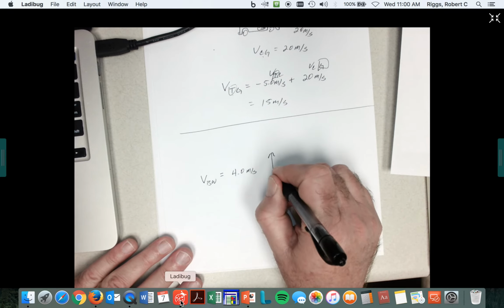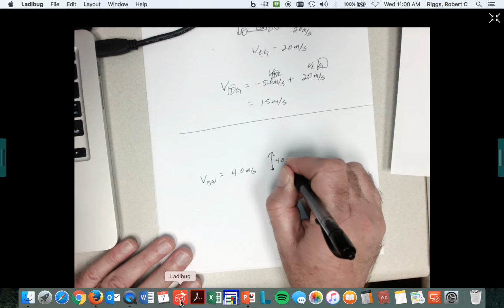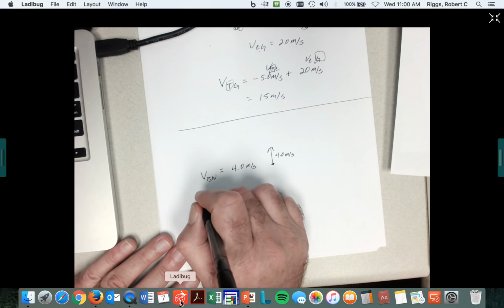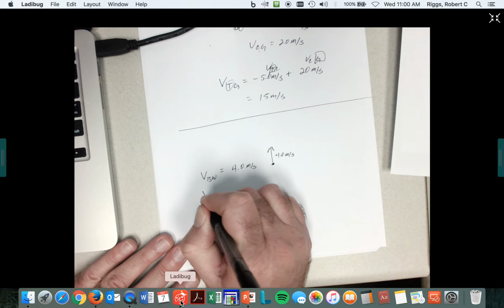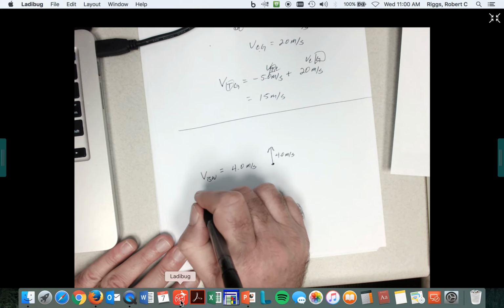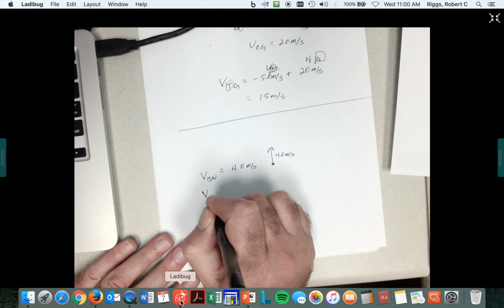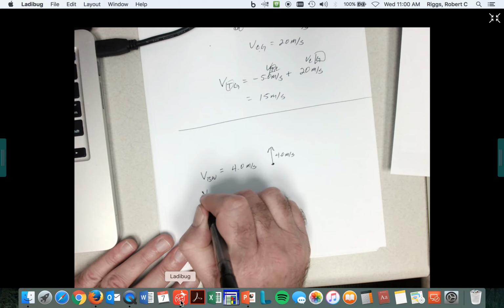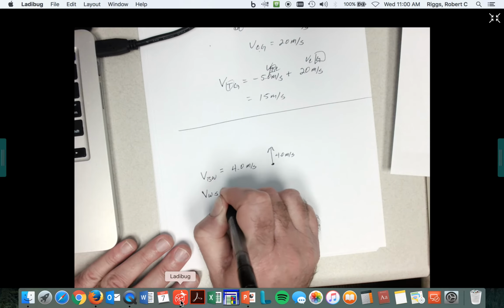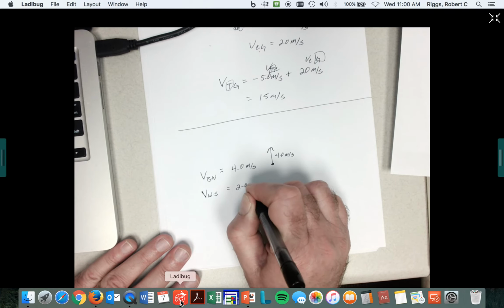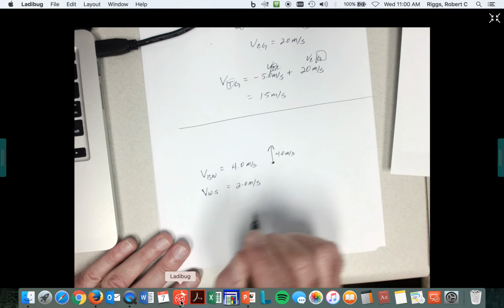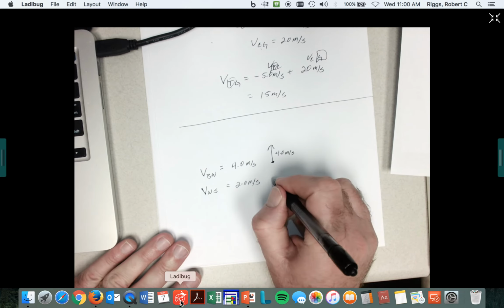All right, there's its vector, 4.0 meters per second. The velocity of the water relative to the shore is 2.0 meters per second. Okay, so that's going this way.